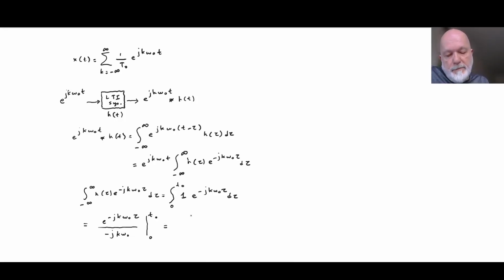So we have e to minus jk omega 0 t0 minus, when you evaluate the complex exponential at 0, it becomes 1, divided by minus jk omega 0.